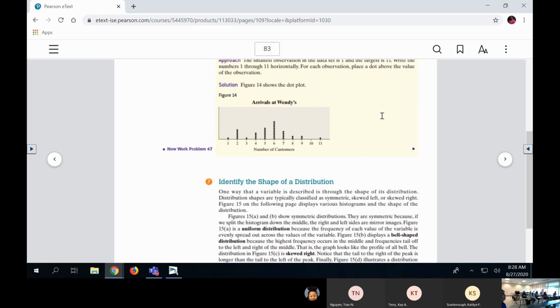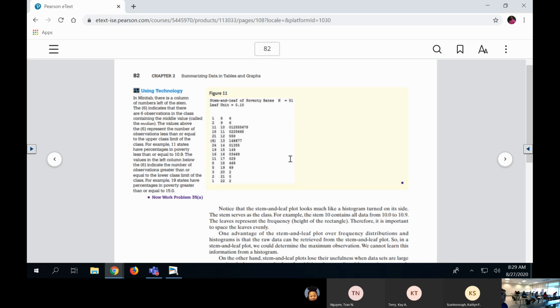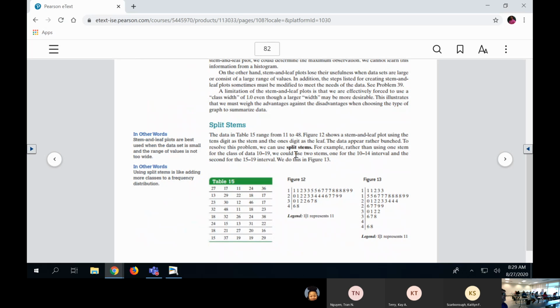There's one other thing that you're going to see a homework question on, and that is on something that's hardly ever used. I've been in math all my life. I've never seen a split stem used. Okay? A split stem is when you break up the sets of tens. You break them up into 5 and below, 5 and above, or 4 and below, 5 and above.